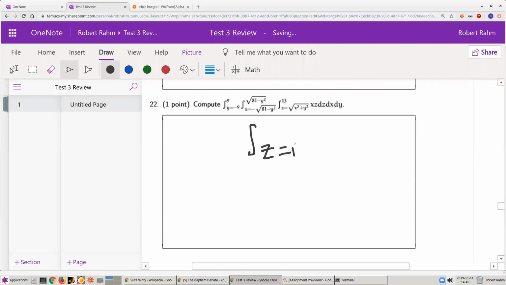So in cylindrical coordinates, z is going to go from r to 13. And let me just write explicitly what we're doing, since I haven't drawn any pictures for this problem. I'm saying x is equal to r cosine theta and y is equal to r sine theta.